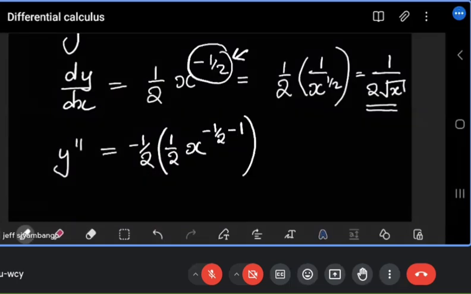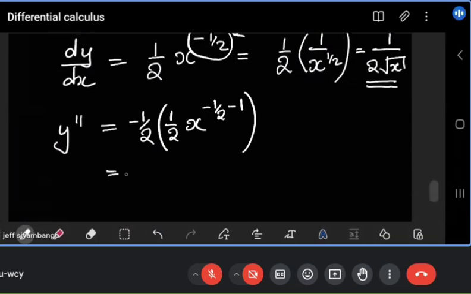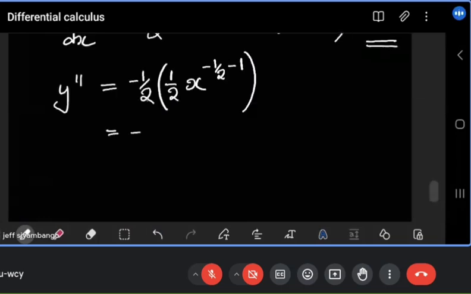So this is what we're going to have there. Reducing this by 1, what does it imply? Now we're going to have negative half times half will give us 1 over 4. This will be x, and when we subtract here, this will end up being negative 3 over 2. That becomes the power.